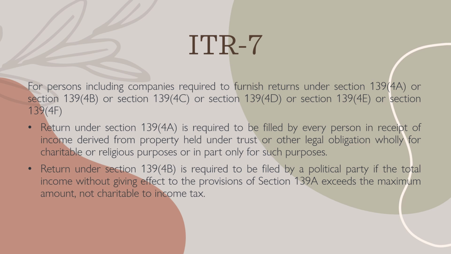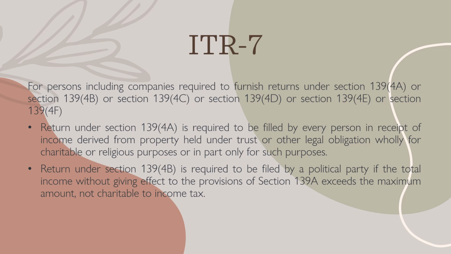Well, return under section 139(4)(a) is required to be filed by every person in receipt of income derived from property held under trust or other legal obligation wholly for charitable or religious purposes or in part only for such purposes.